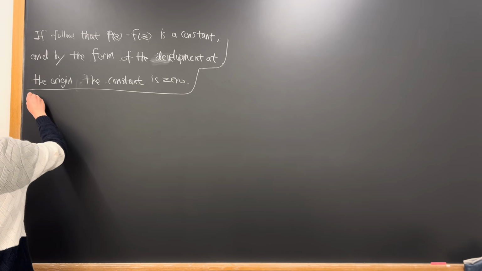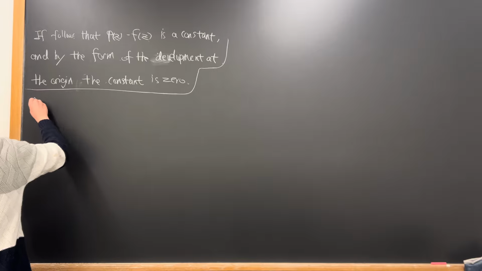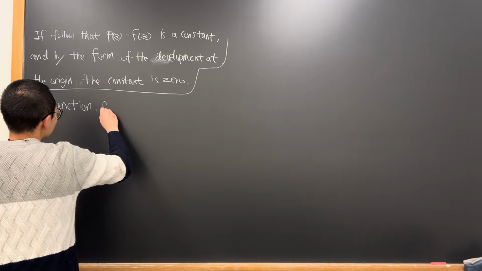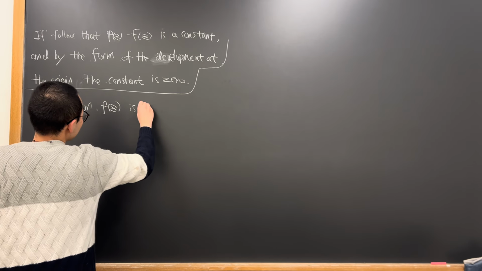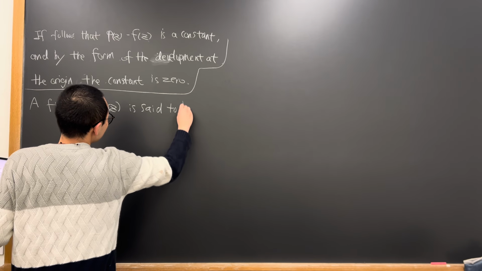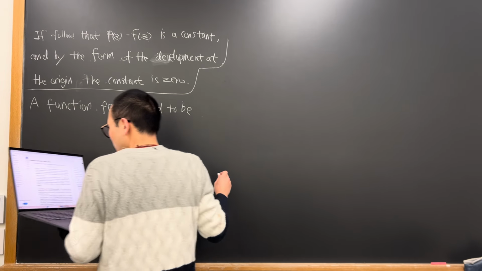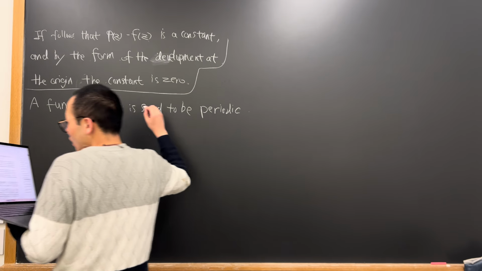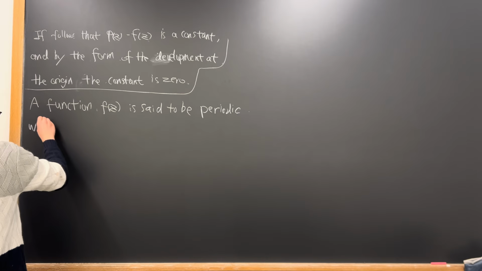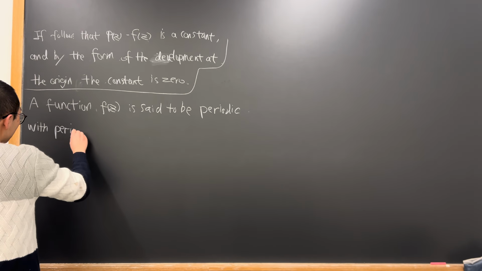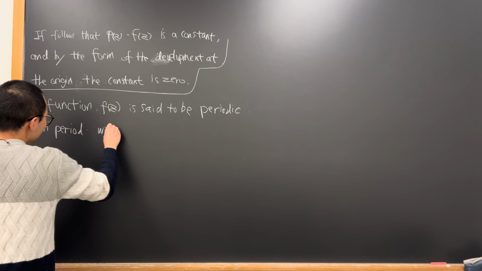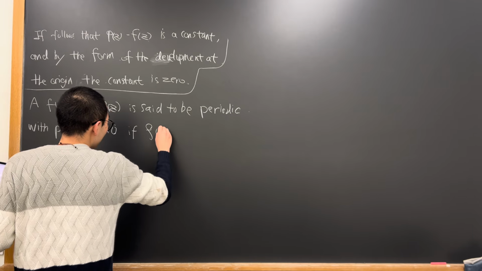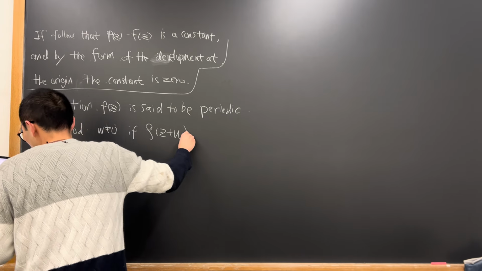Here he says that the function f(z) is said to be periodic with period omega not equal to 0 if we have f(z plus omega) equal to f(z) for all z.